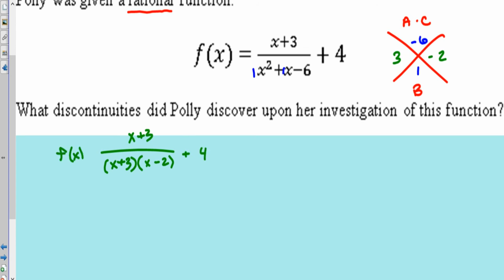So this is just another way of rewriting the equation. Now what we can do once we write it this way is we can see that these factors cancel out. Now a canceled out factor is a removable discontinuity. So when x, I know it says x plus 3, but if you set it equal to 0, you'd find that x equals -3 is a removable discontinuity, also known as a hole.